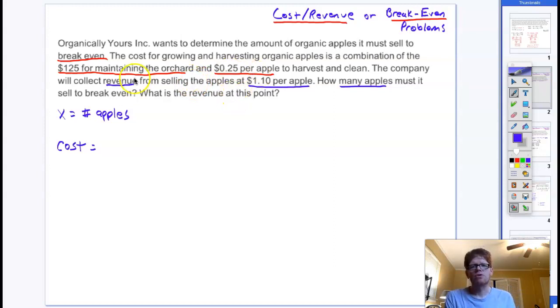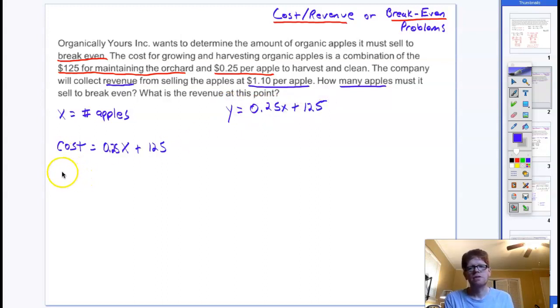So it's going to be $125 for maintaining the orchard and 25 cents per apple. That means that for every apple that we sell, x, we're going to have to charge 25 cents, so 0.25x. And then on top of that, we need to pay $125 for maintaining our orchard. So if we were to come up with an equation for that, it would look like this. y is equal to 0.25x plus 125.